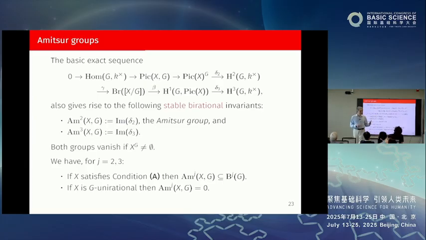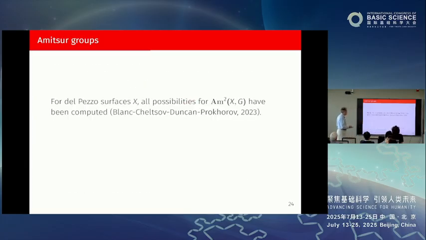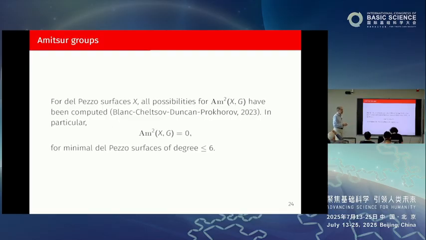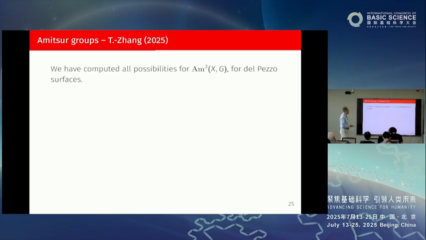So this is something that you can then check and look at Del Pezzo surfaces, look at all possibilities for G actions on Del Pezzo surfaces. In fact, there is a recent paper that computes the second Amitsur group in all cases. And in particular, you find that if you have a minimal Del Pezzo surface of degree less than or equal to 6, then all these things are 0.